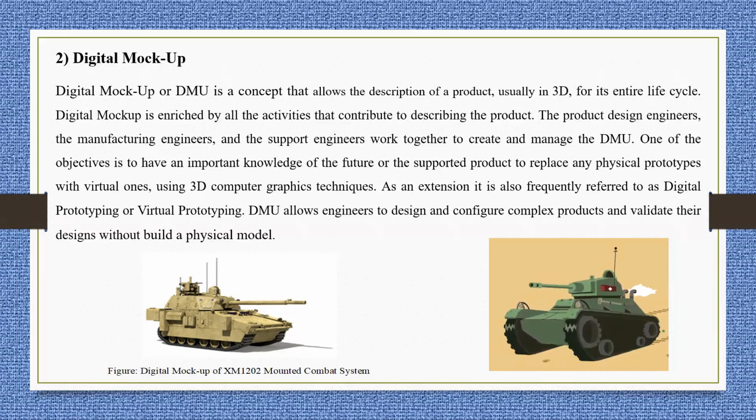It supports the design engineers, the manufacturing engineers, and support engineers to work together to create and manage the digital mockups. It's also known as digital prototyping or virtual prototyping, one and the same. DMU allows engineers to design and configure complex products and validate their designs without building a physical prototype or physical model. As you can see here, this is how the virtual model or digital prototype looks.